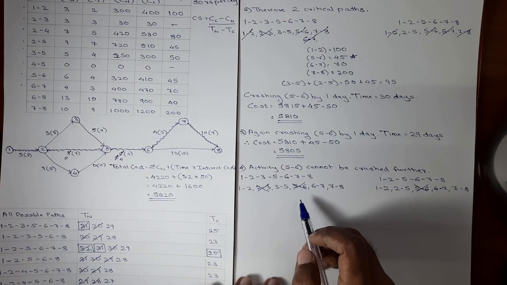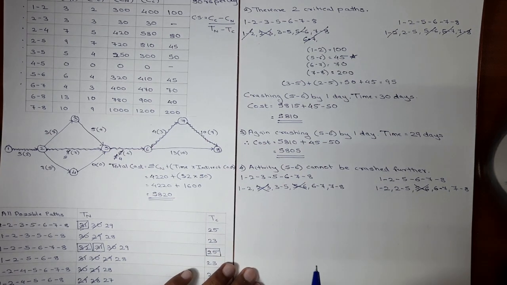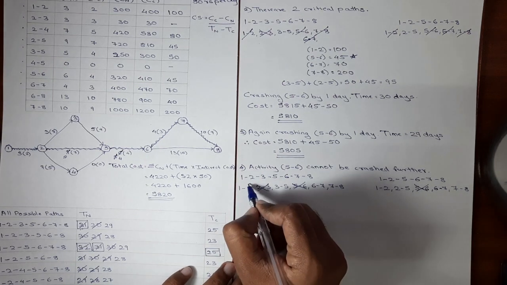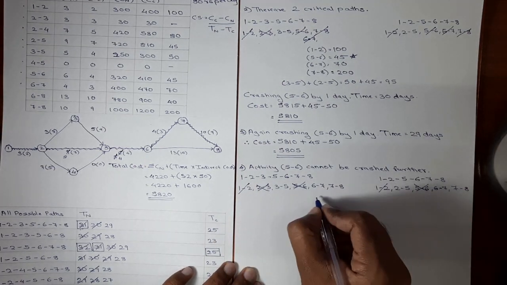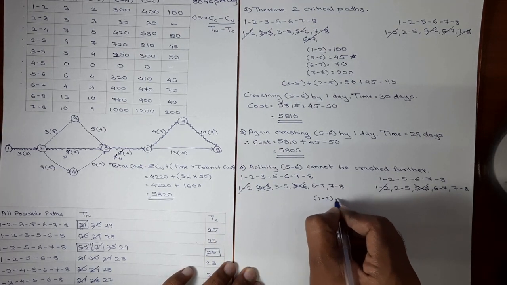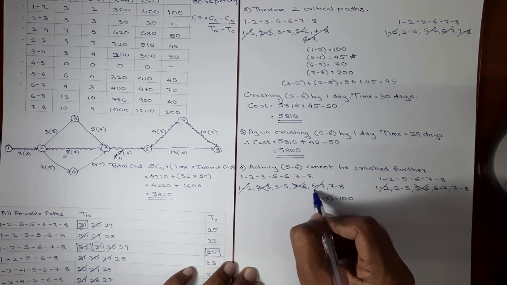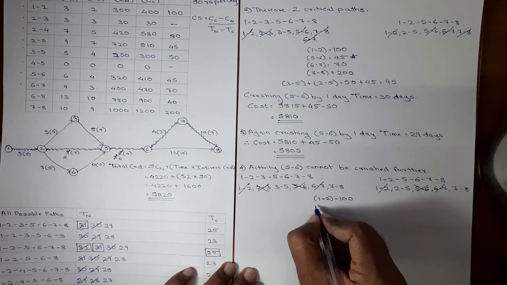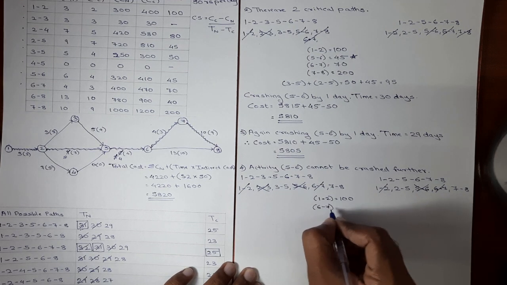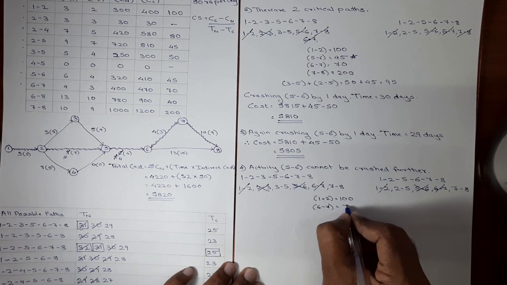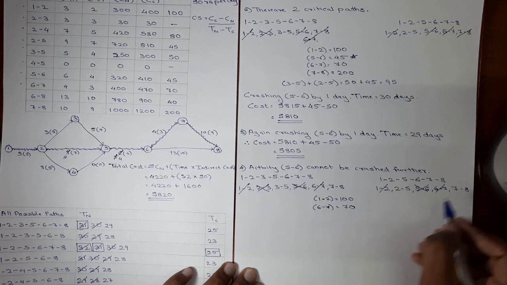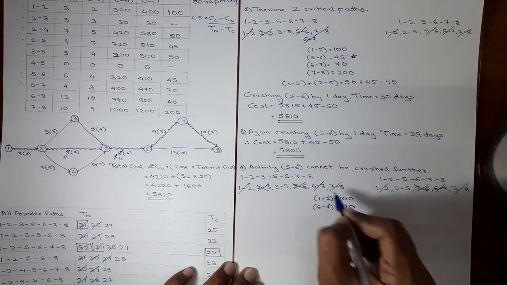Now we'll see the common activities. I'm striking common activities only once. Activity 1, 2 is common. Cost slope of 1, 2 is 100. Activity 6, 7 is also common. Cost slope of activity 6, 7 is 70 rupees. Activity 7, 8 is also common.